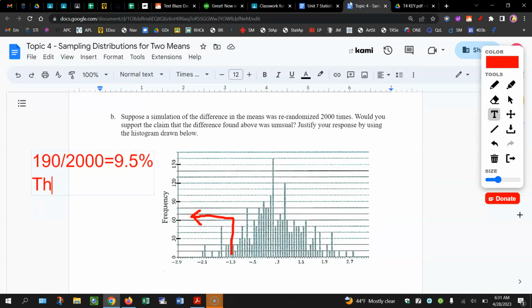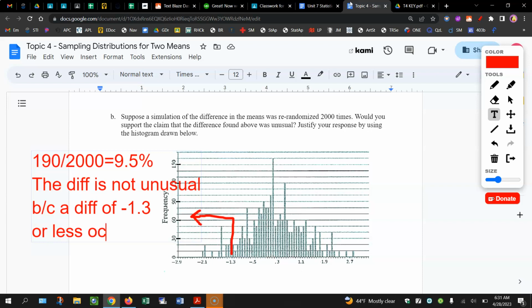So the difference is not unusual because a difference of negative 1.3 or less occurs 9.5% of the time, which is greater than 5%. So it's not statistically significant. It's not unusual. It's fairly common.